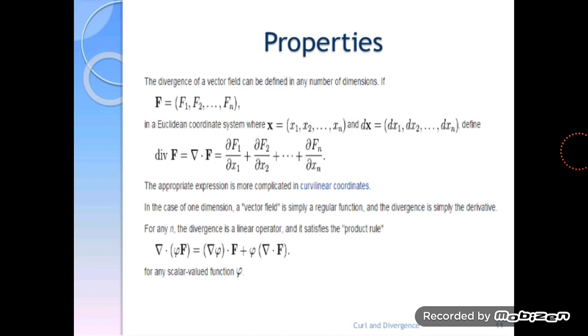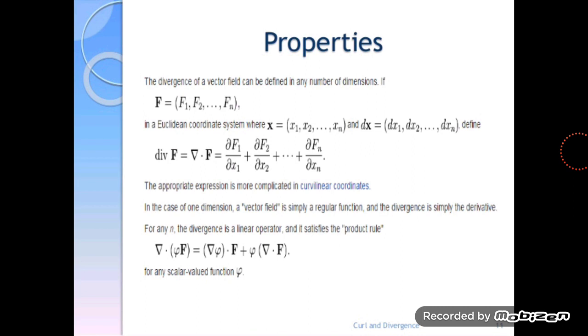The appropriate expression is more complicated in a curvilinear coordinate system. In the case of one dimension, a vector field is simply a regular function and the divergence is simply the derivative. For any n, the divergence is a linear operator and it satisfies the product rule.